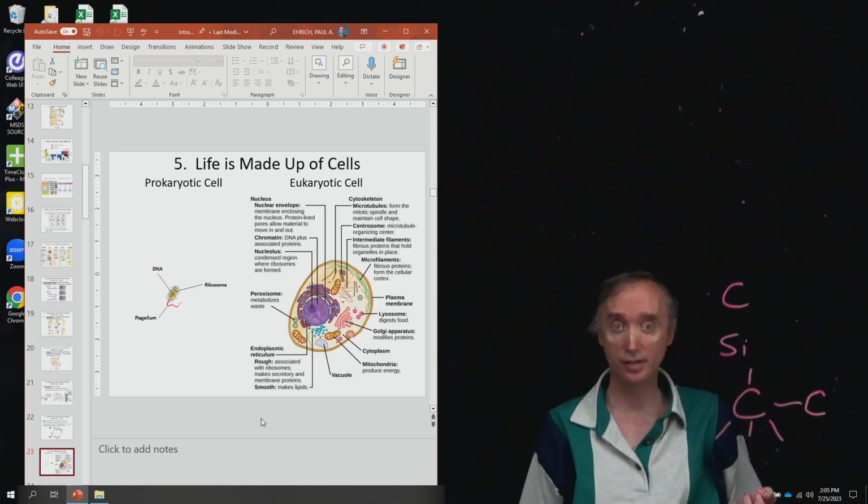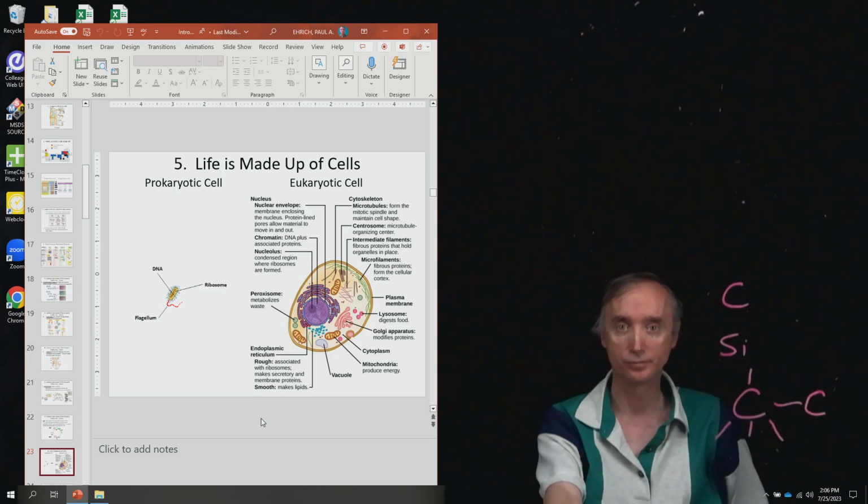So inside the nucleus is where the DNA is. You could also say the mitochondria, so that's the power plant of the cell. You might also remember ribosomes. So ribosomes are the things that manufacture the proteins. But there's a whole bunch of other stuff inside of cells.